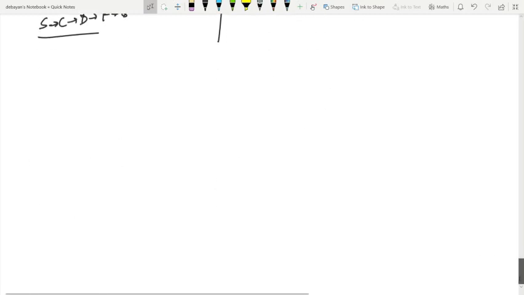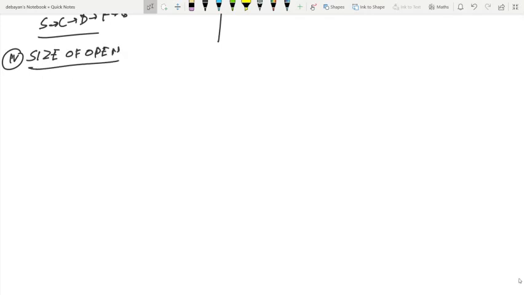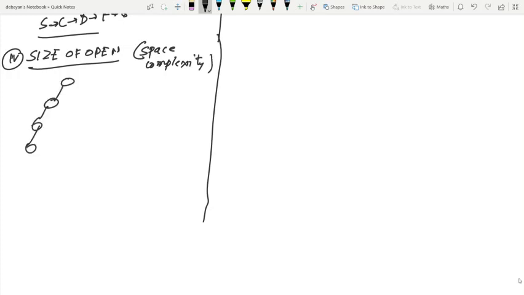So now the last is the size of open. This is another parameter, or you can say space complexity in another term. So we are exploring these nodes, then this, then this, like that.